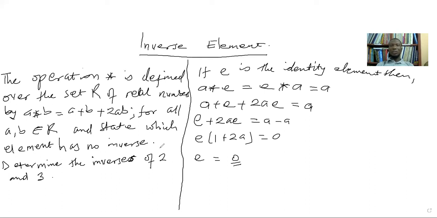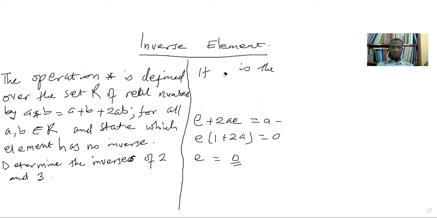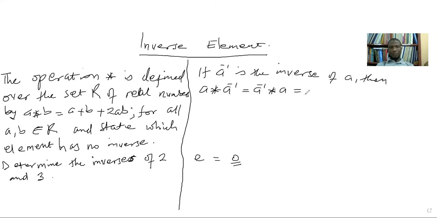Then now we are going to find the inverse element. Remember, we cannot get the number that has no inverse if we don't know the inverse element. So let's go and find the inverse element. Good.